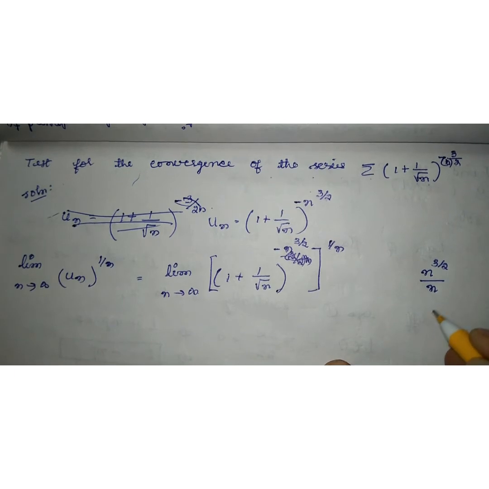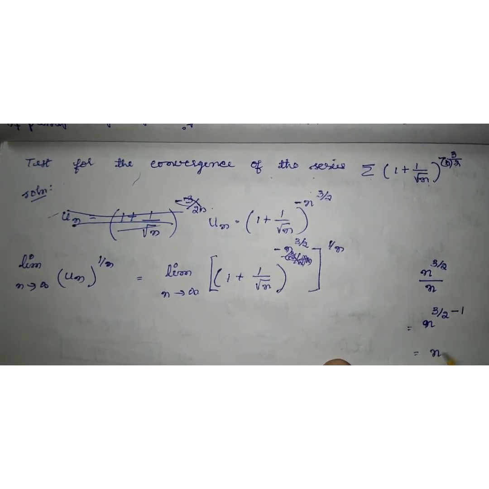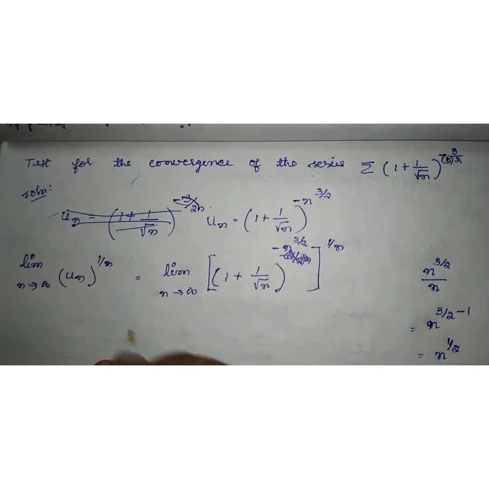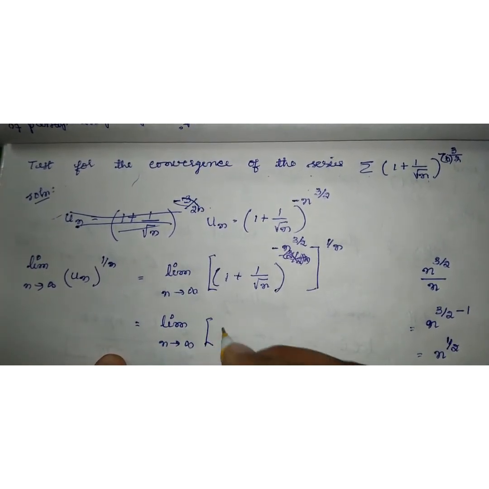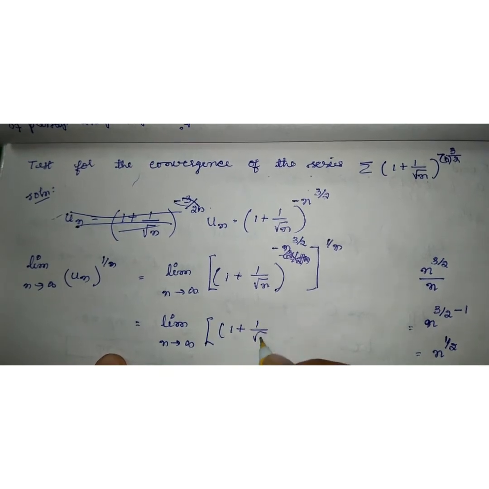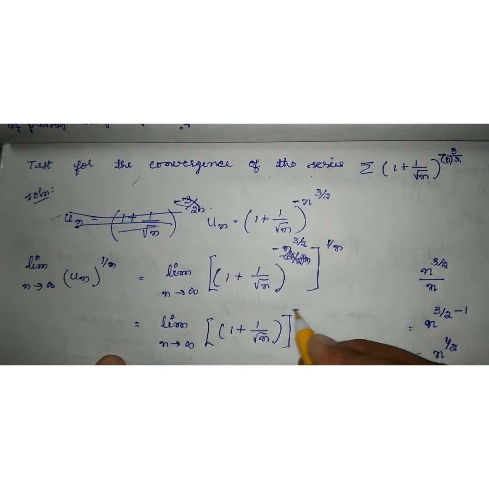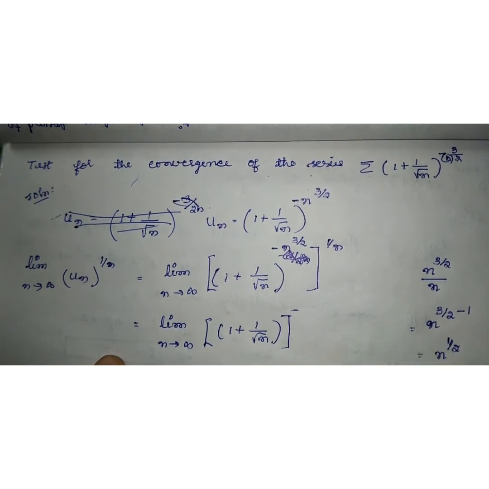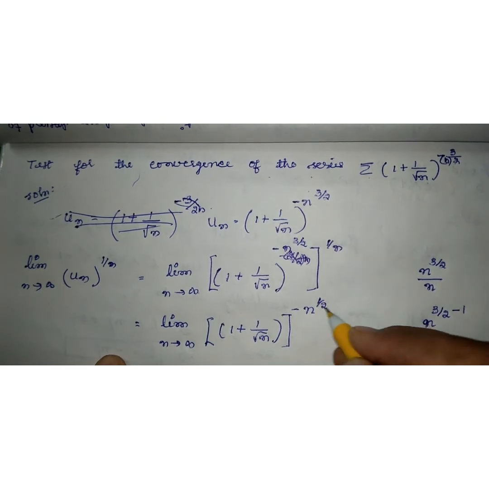Again using the formula a power m by a power n equal to a power m minus n, so it is n to the power 3 by 2 minus 1, so it is n to the power half. So here you get limit n tends to infinity (1 plus 1 by root n) whole to the power minus n power half.